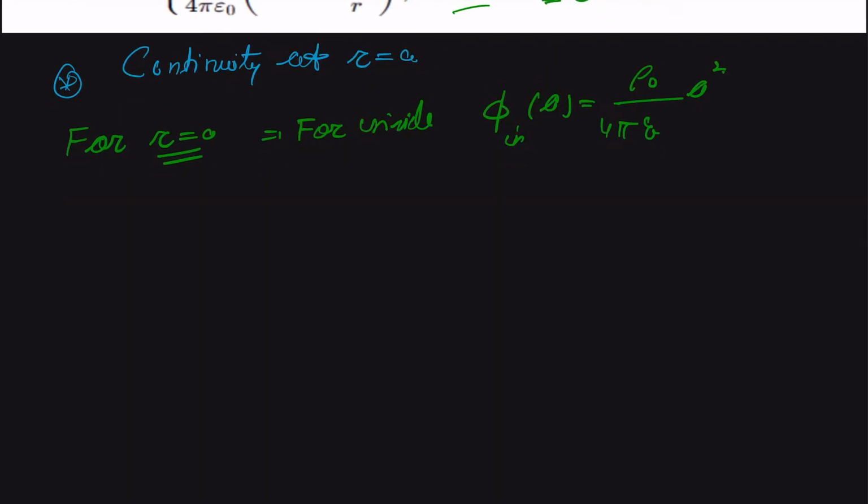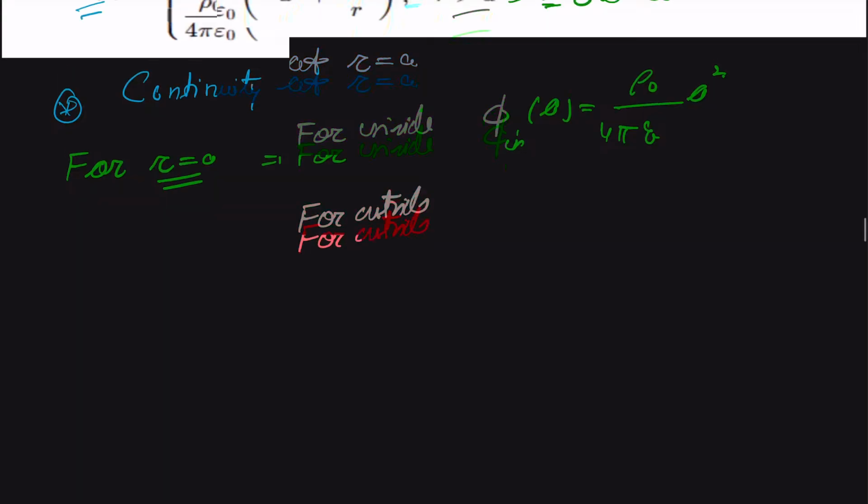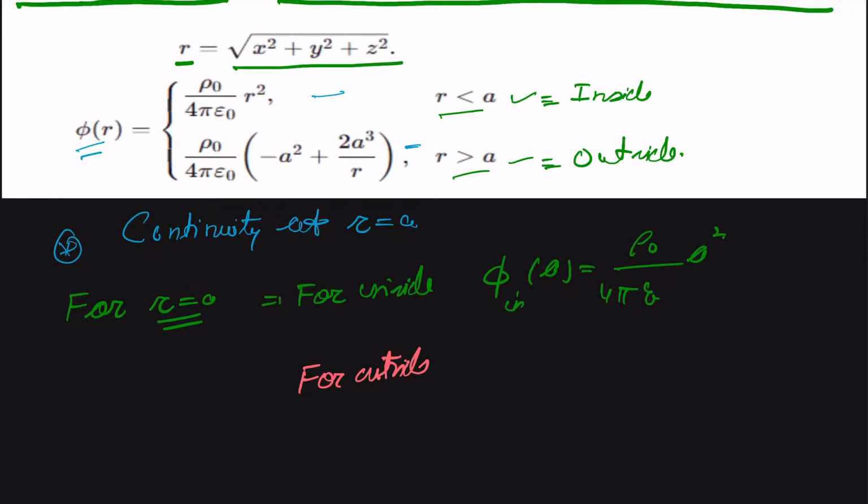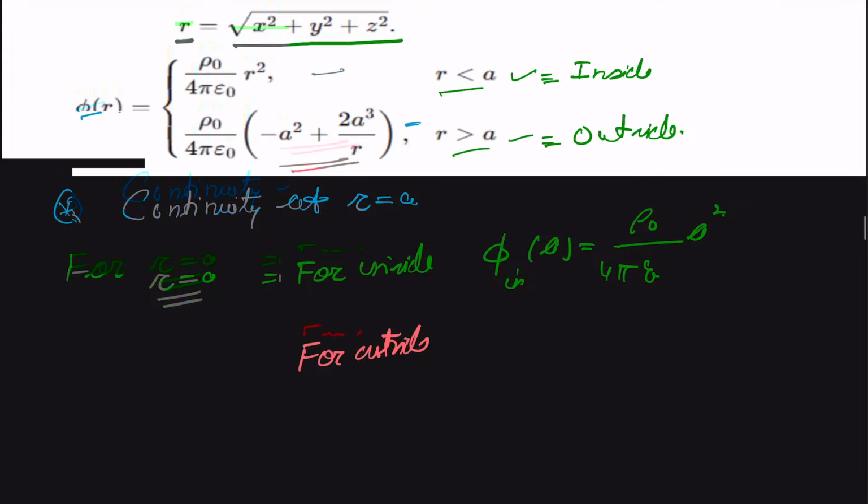And then we solve for r is equal to a for outside. Once again we put r is equal to a in our outside equation.